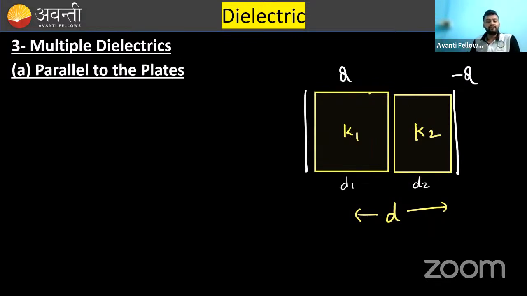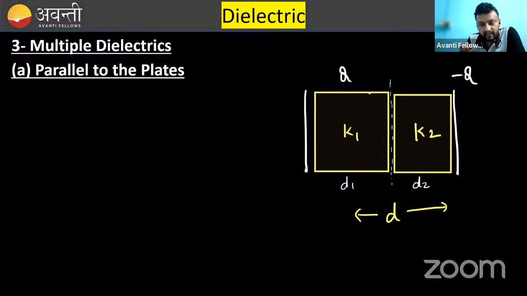Now, another approach that we can take here will also be beneficial for you if you can understand that. Remember, I hope you know the series and parallel combination. The interface of the two dielectrics.